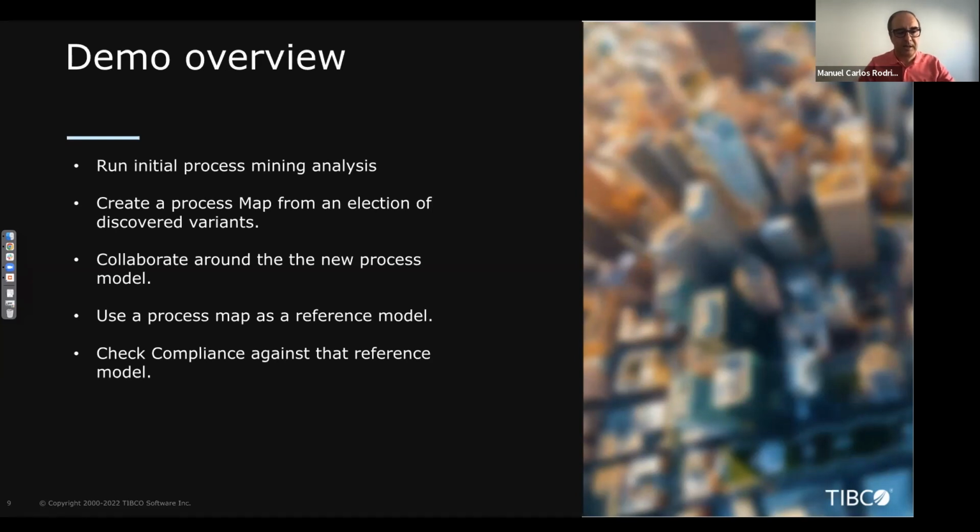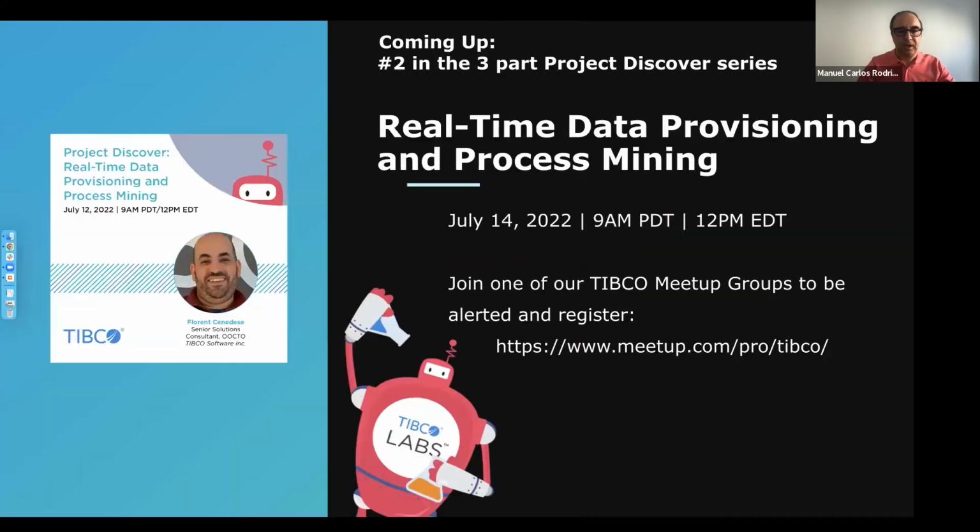We did a small change to the name of an activity, as you remember. Then we defined the process that we created as a reference model, and we checked the compliance against the reference model. That was for today's demo.